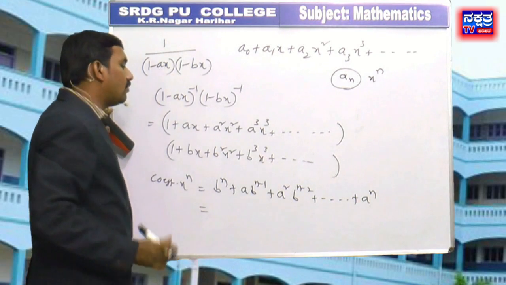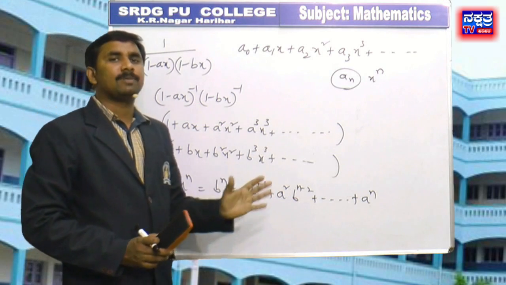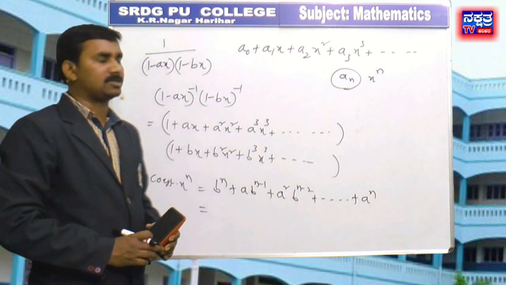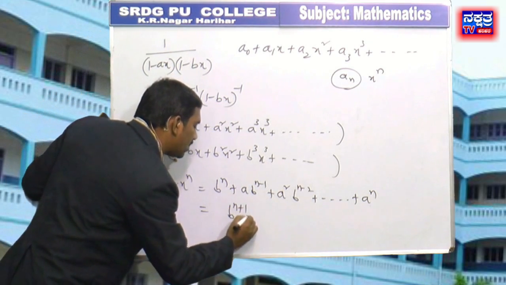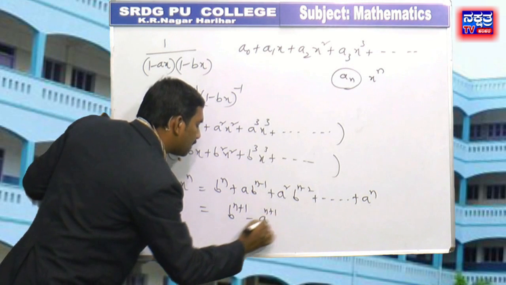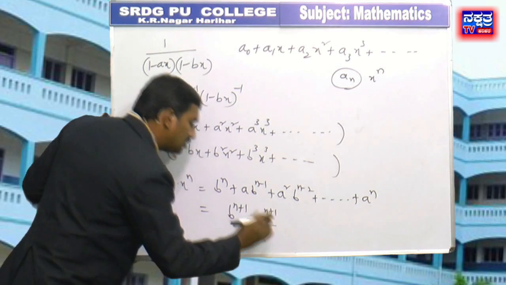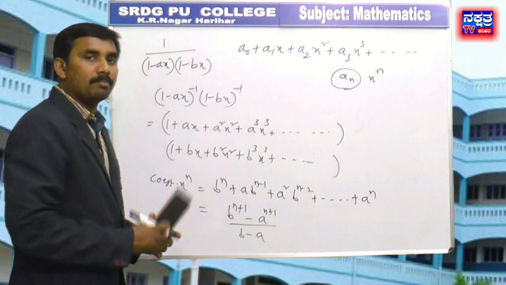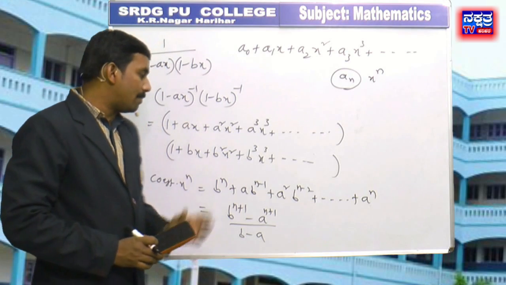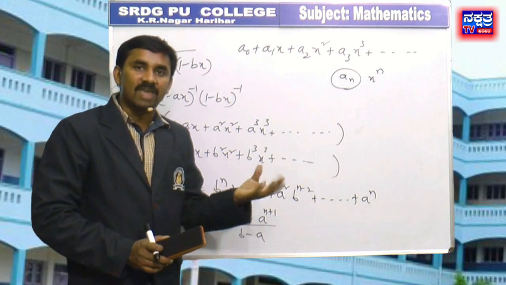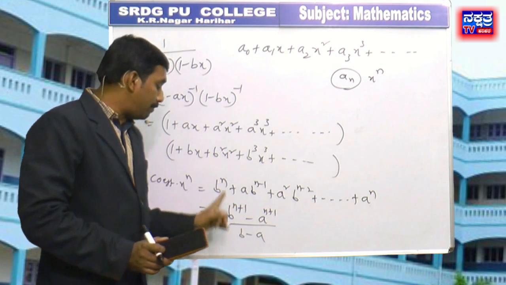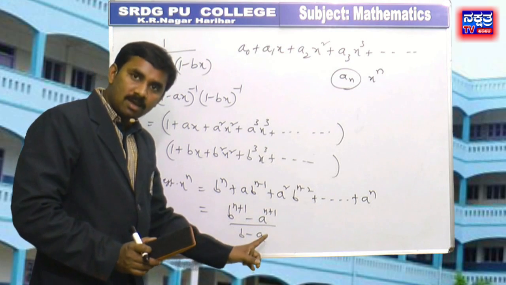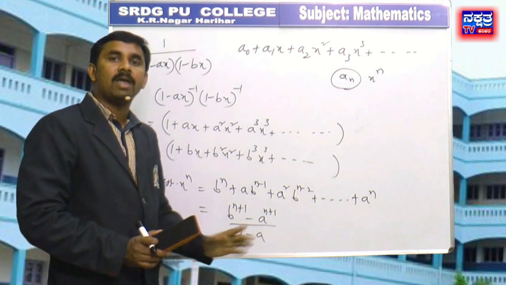So this is one algebraic expression, and a very important one. This one we can write as (b power n plus 1 minus a power n plus 1) by (b minus a). I am writing it directly, but you can verify this by taking very small values of n, that is, (b square minus a square) by (b minus a), (b cube minus a cube) by (b minus a), and (b power 4 minus a power 4) by (b minus a).